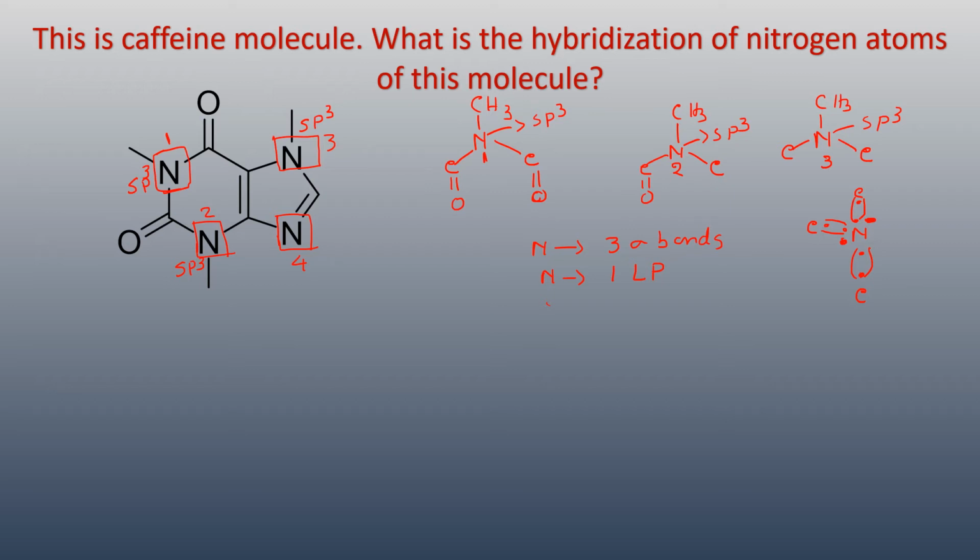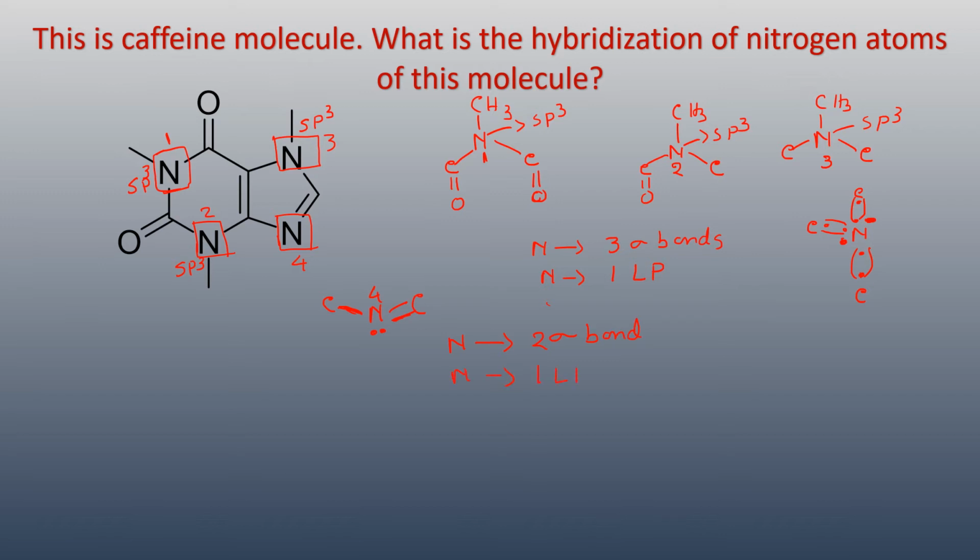Now look at nitrogen number 4. How does its bonding pattern look? Nitrogen double bond carbon, and then a sigma bond with another carbon. So this is nitrogen number 4, and here one lone pair is present. So this nitrogen has 2 sigma bonds and 1 lone pair.